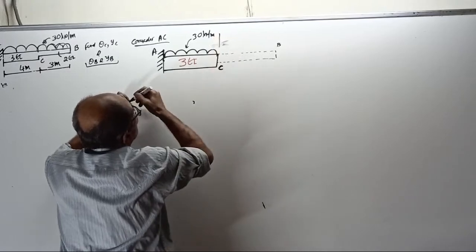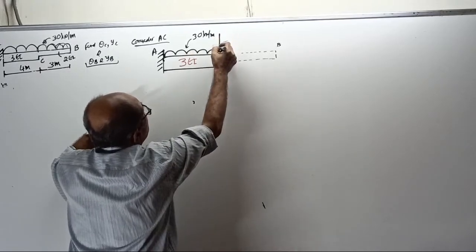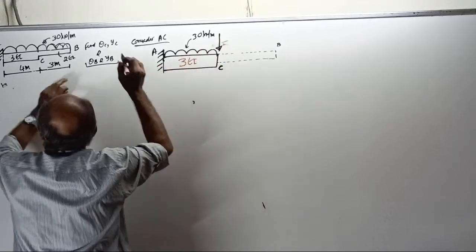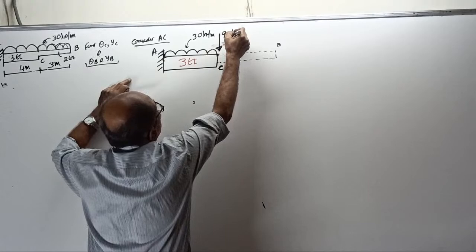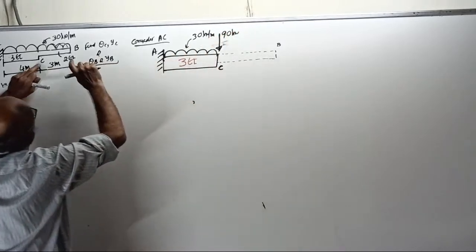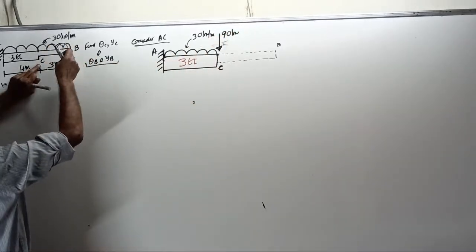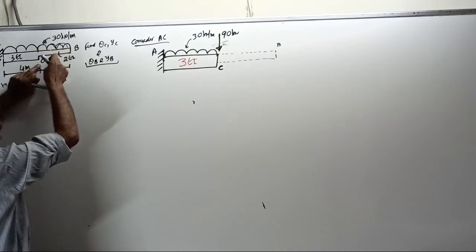Tell me the point load. You should write: the point load transferred is 30 into 3 equal to 90 kilonewton. And it will also create a couple of 30 into 3 into 3 by 2.